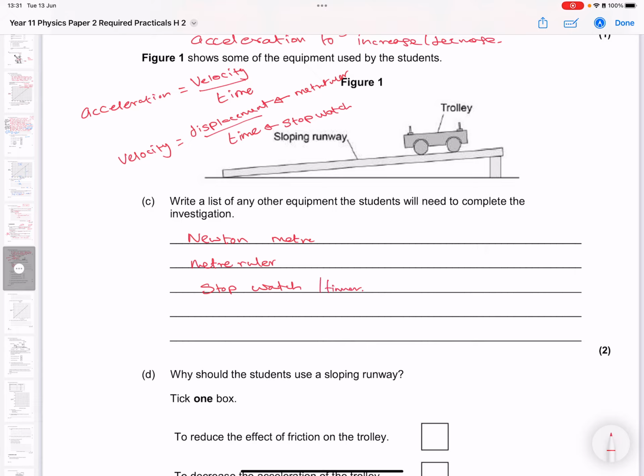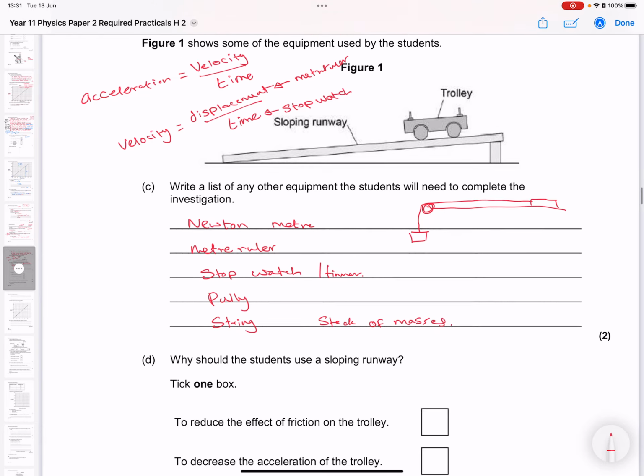And also in this setup they don't need this, but if they keep the trolley on a flat surface, what they can do is have a pulley, a string, and a stack of masses. So they could use this one as well.